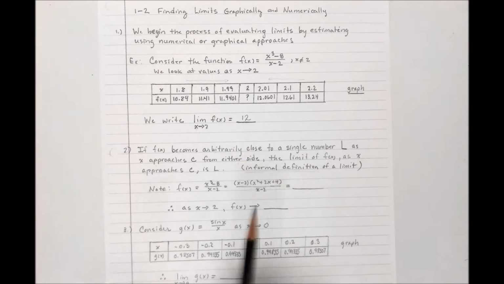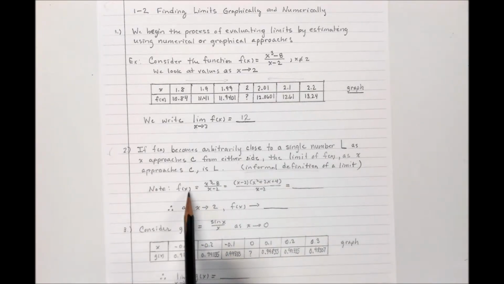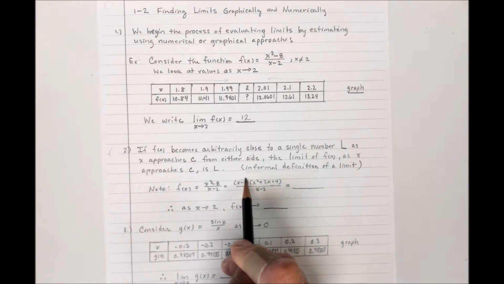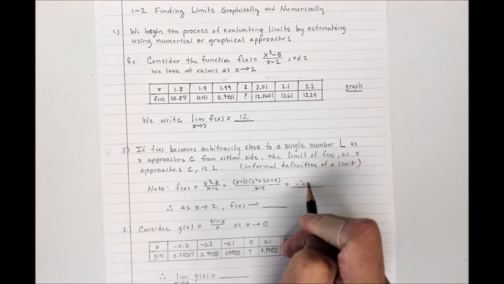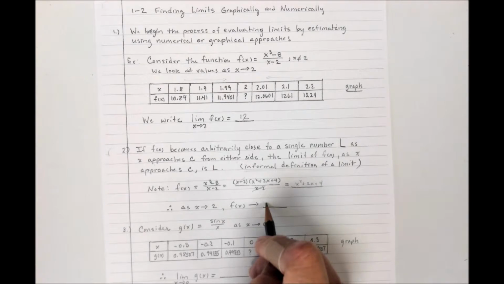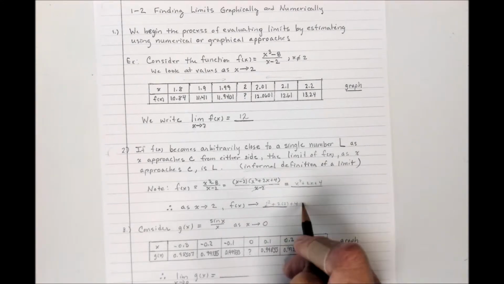Now let's go back to this particular function that I have up here. Do you see here that f of x is equal to x to the third minus 8 over x minus 2? Well, this actually simplifies. You can see here the x minus 2's are going to cancel, and I would have x squared plus 2x plus 4. Then as x approaches 2, my f of x would be 2 squared plus 2 times 2 plus 4, which again is 12.